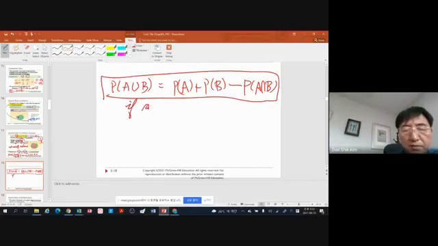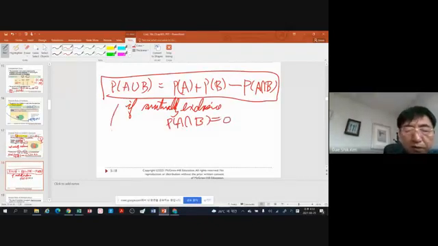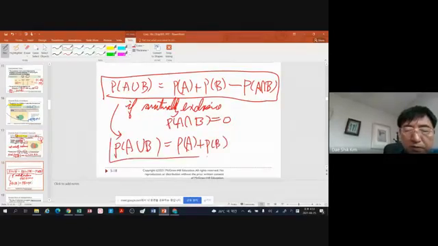If A and B are mutually exclusive, P(A and B) cannot happen and is equal to 0, then this formula becomes P(A or B) equals P(A) plus P(B). Is it mutually exclusive? Yes.